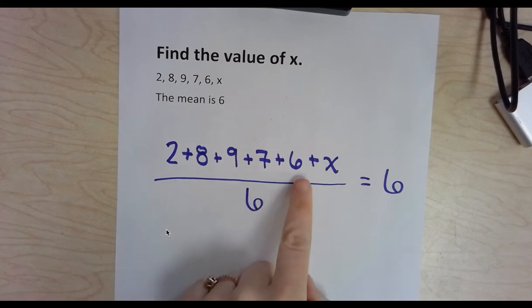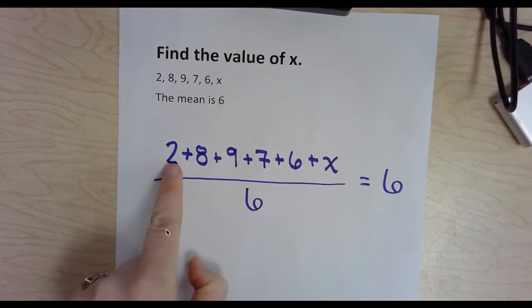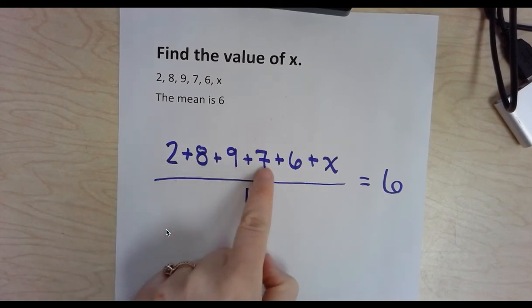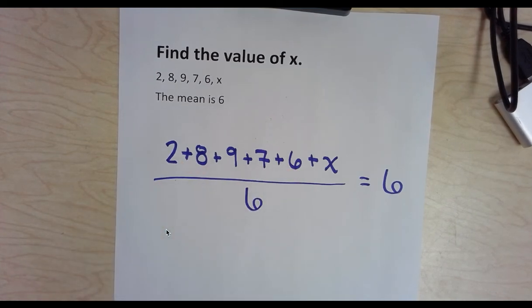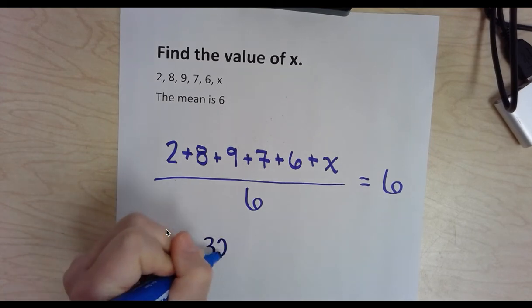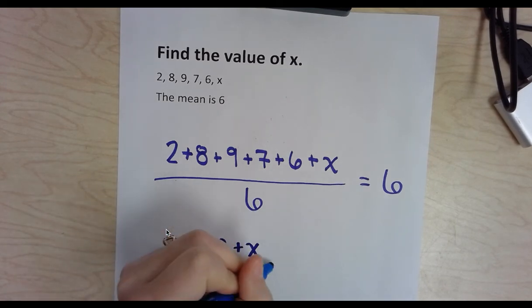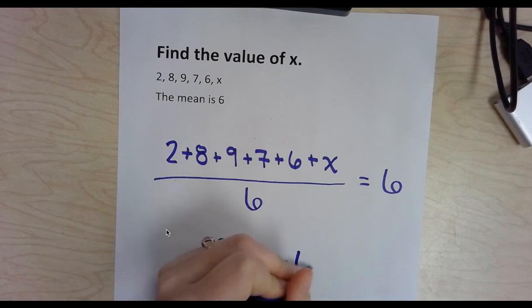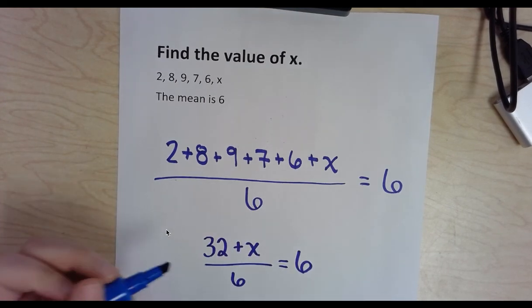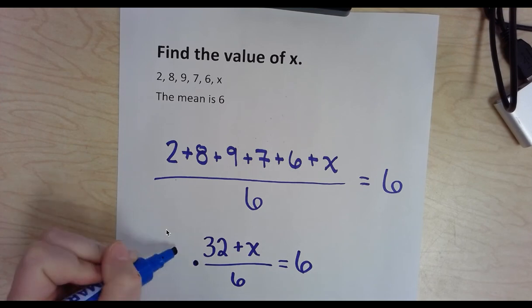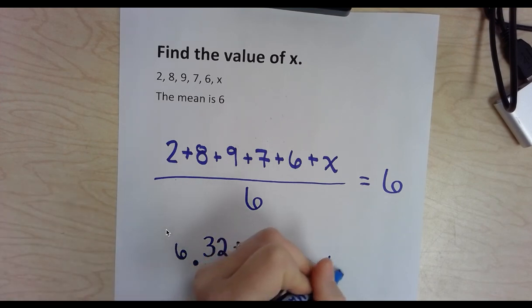So first thing I'm going to do is simplify a little bit. What's 2 plus 8 plus 9 plus 7 plus 6? Add together all these like terms. Adding those together, that would be 32 over 6 equals 6. Now to solve this equation for x, I would first have to multiply by 6.